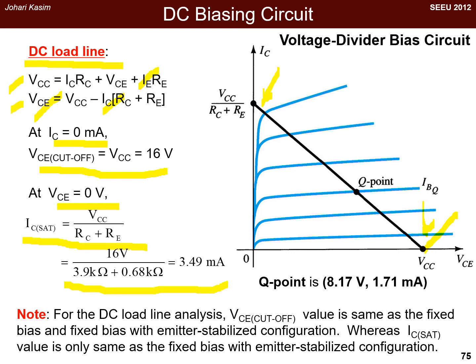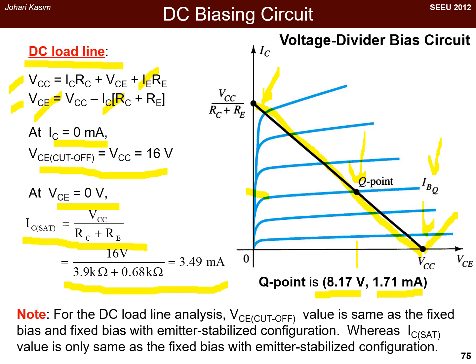Then after you plot the graph, and then you know the value of IB, so you can get the Q point, that is VCEQ equal to 8.17 volt and ICQ equal to 1.71 milliampere.